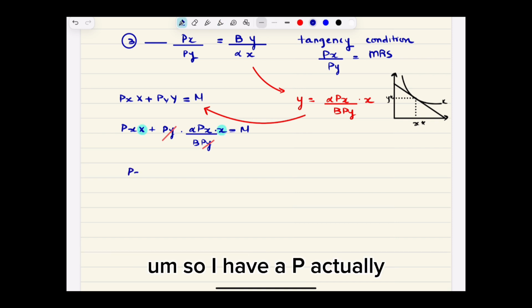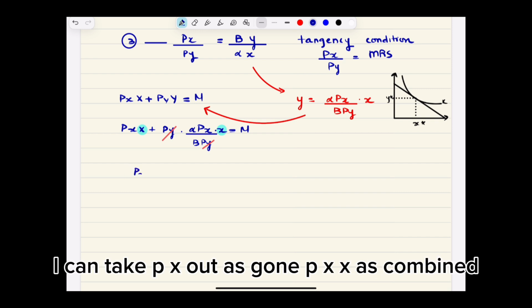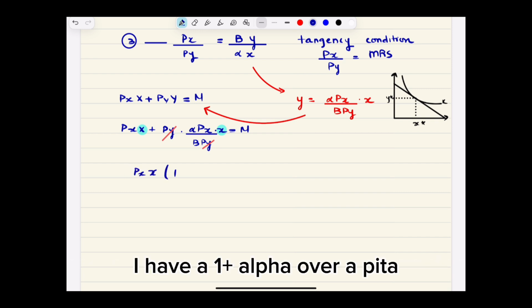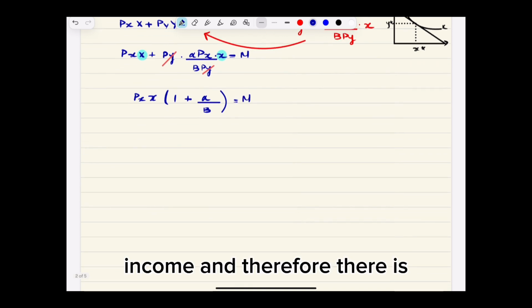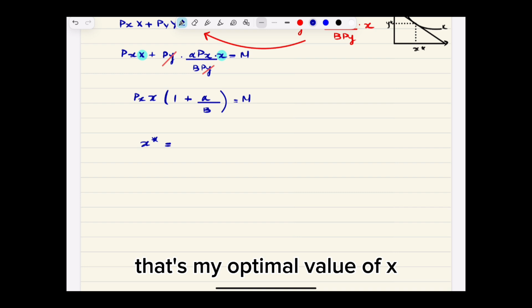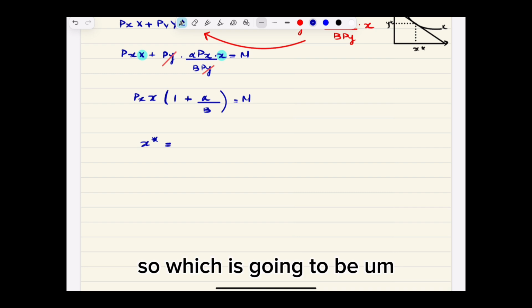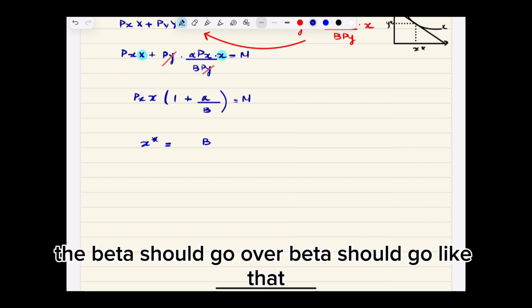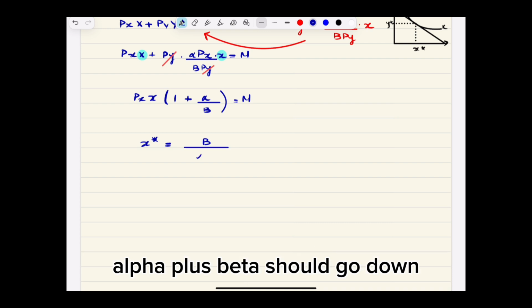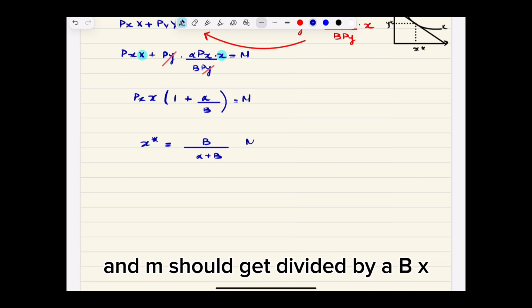Actually I can take px x out as common. I have 1 plus alpha over beta equals income, and therefore that's my optimal value of x, which is going to be beta over alpha plus beta, times m divided by px.